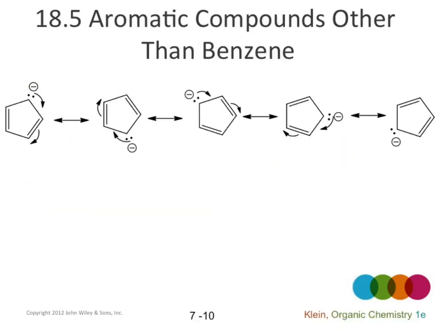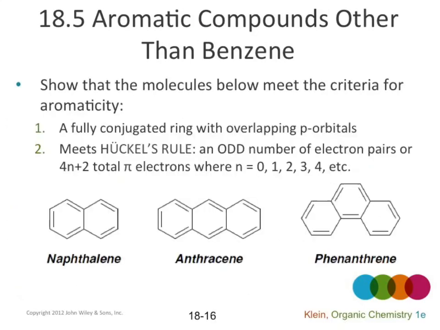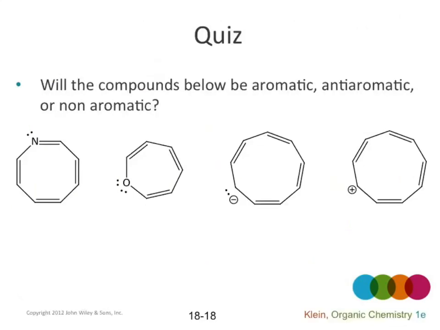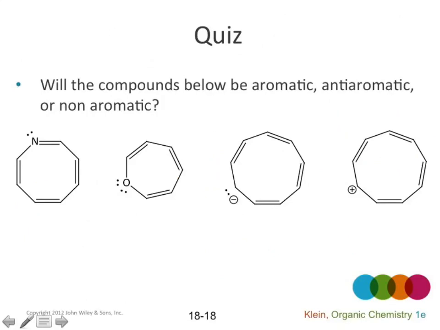Sorry, we're going to get blinded again as we go through it fast. When we get back, this one here should be, oh wait, it was the last one, right? We've got 2, 4, 6, 8 pi electrons.